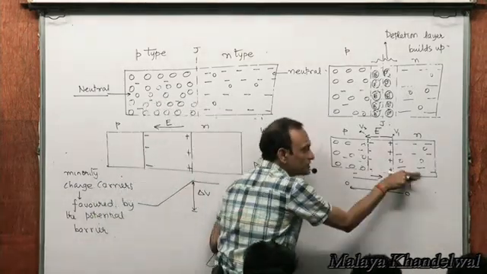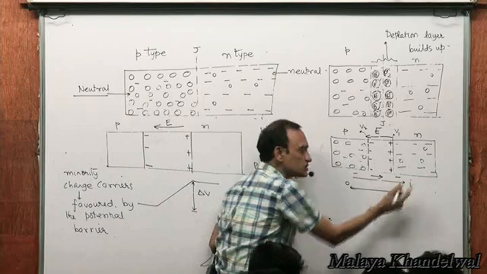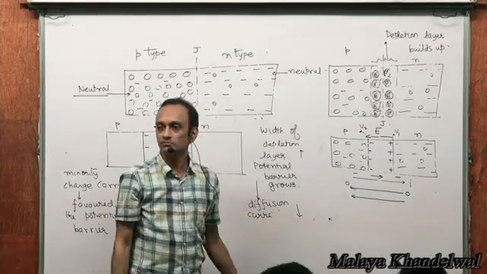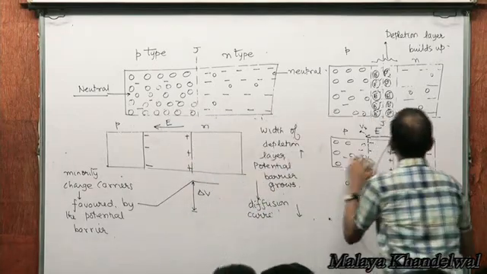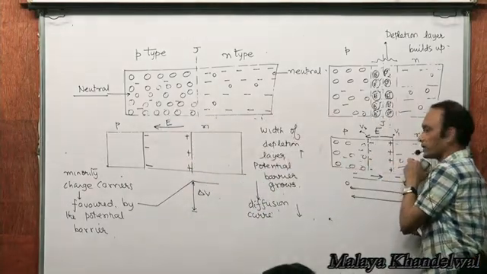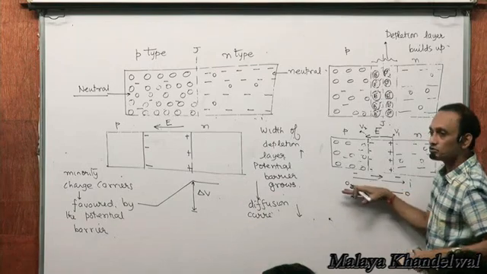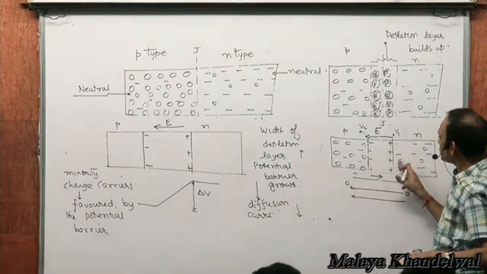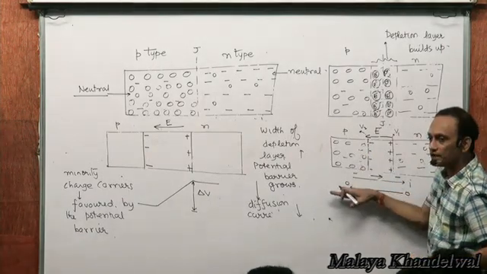Now electrons going this way is like a current in this direction. If electrons are going from here to here, what's the direction of the current? The current then will be like this, yes or no? Opposite to the direction of flow of electrons, right? And if holes are going from here to here, what would be the direction of the current? This way.